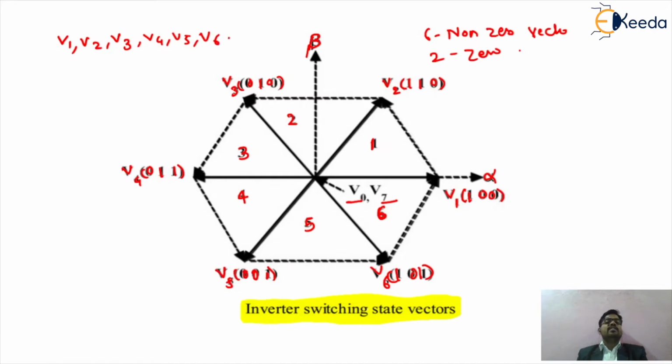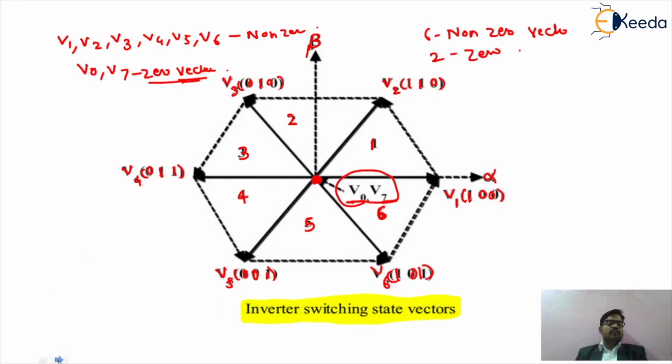And the zero vectors are V0 and V7, which will be represented at this point. These are the vectors called zero vectors of your selector switch. So this will be the actual inverter switching state vector of your induction motor by means of your direct torque control scheme.